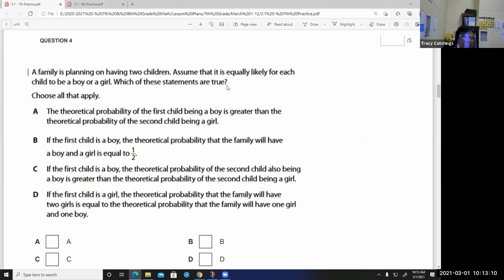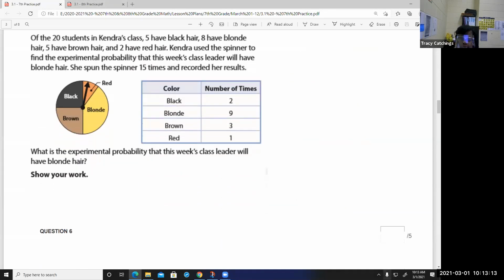As always, if we move too fast, just say so. Of the 20 students in Kendra's class, 5 have black hair, 8 have blonde hair, 5 have brown hair, and 2 have red hair. Kendra used the spinner to find the experimental probability that this week's class leader will have blonde hair. She spun the spinner 15 times and recorded the results. What is the experimental probability that this week's class leader will have blonde hair?